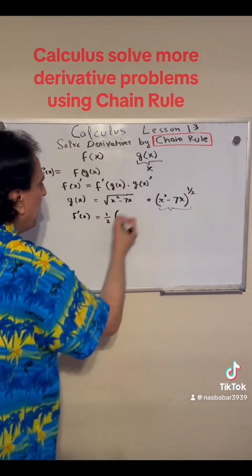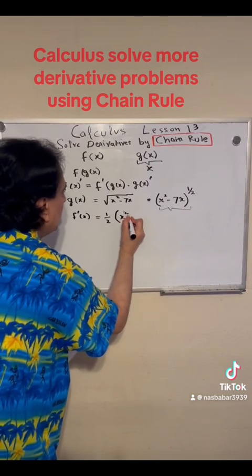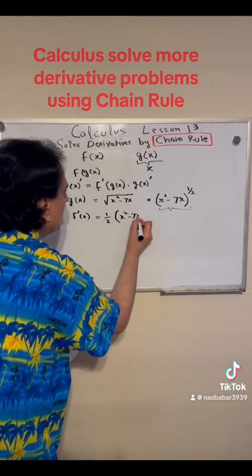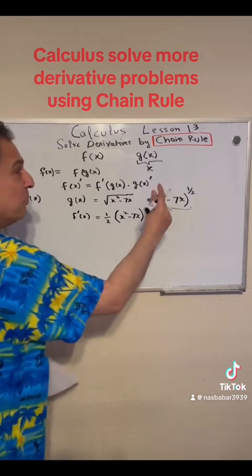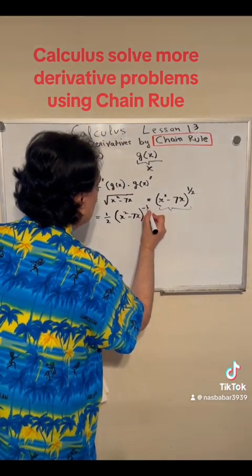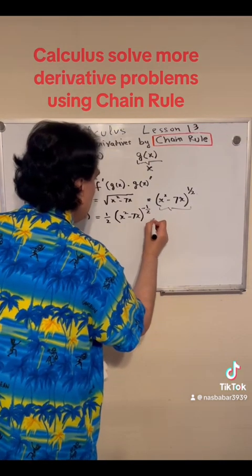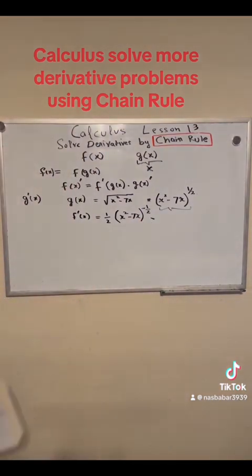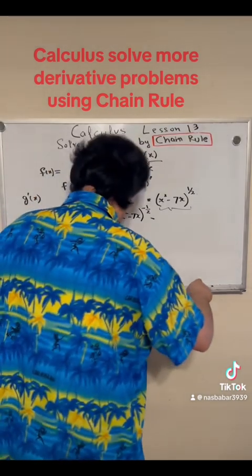Bring this 1/2, x squared minus 7x, 1/2 minus 1. Remember that. So that's going to be raised to the power of minus 1/2 times, you got to take the derivative of the inside now.